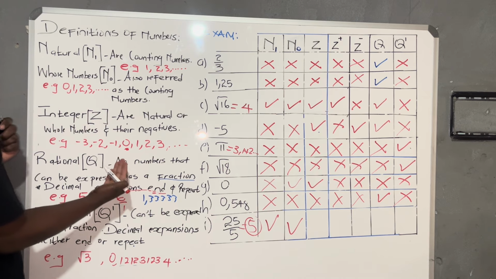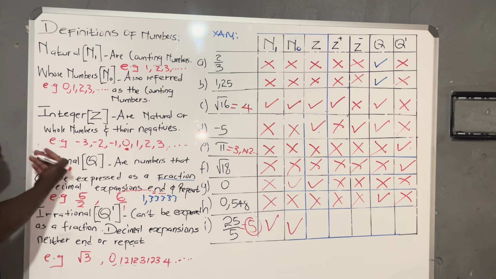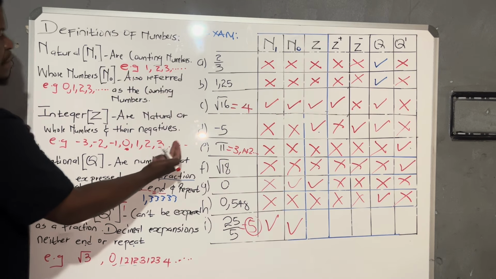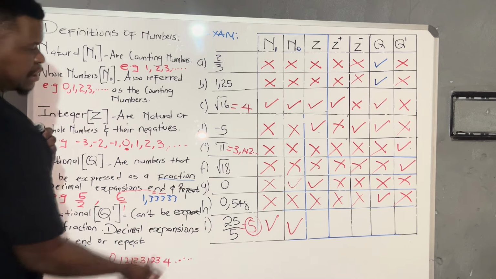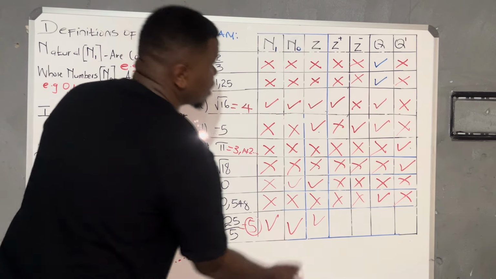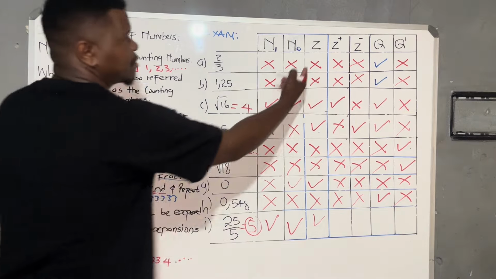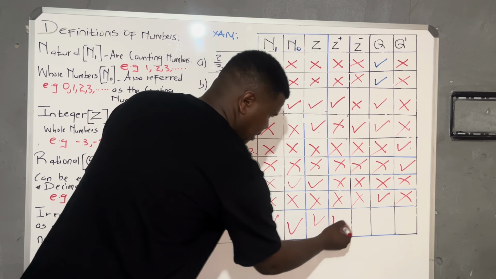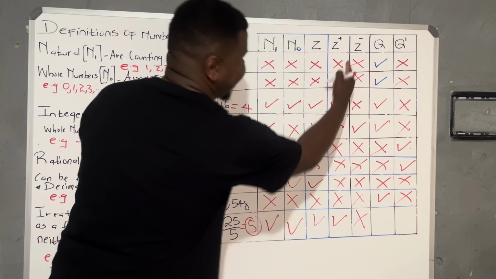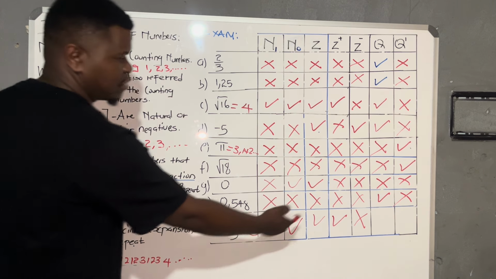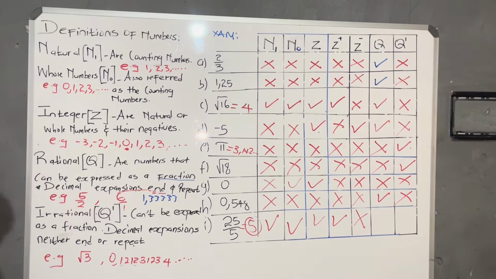Integers take both positive and negative numbers. So since I've got 0, 1, 2, 3, 4, even 5 is still there. This means it is still part of the integers. Though 5 is positive, so it's part of the positive integers, it's not negative, so it's not a negative integer. That's how we look at this.